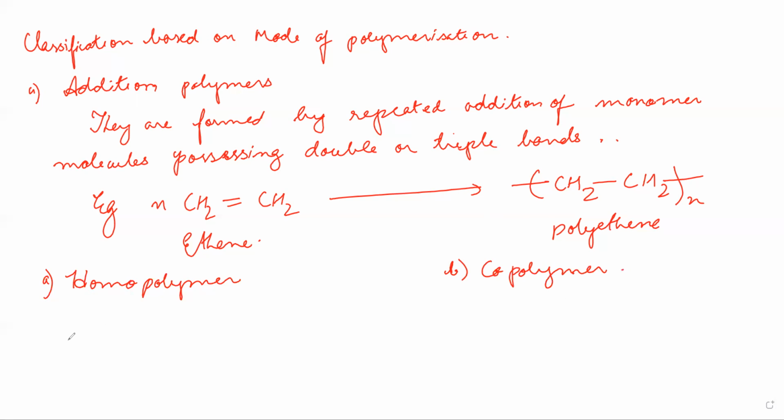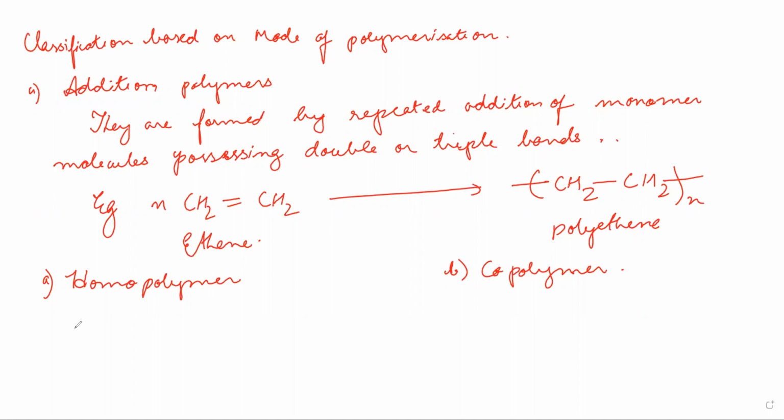Homopolymer, what will happen in homopolymer? Homogeneous mixture. When I say homogeneous, what do you mean? Uniform, same. Whatever monomer unit I will take, it will have a single monomeric species. Only the same species will be repeated.